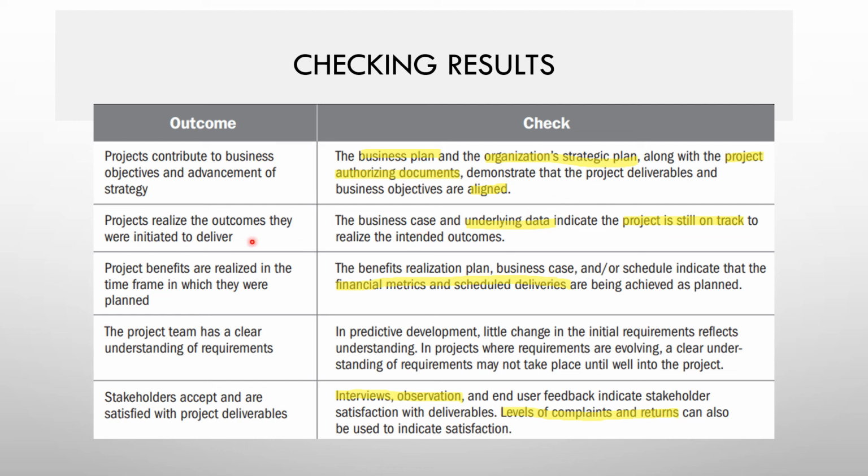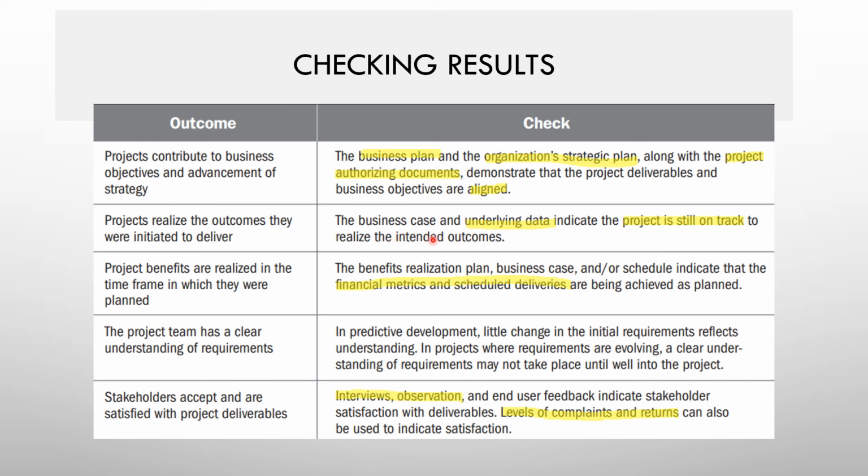How do I check that the project realizes the outcomes it was initiated to deliver? How do you ensure that the project is realizing the outcomes it was initiated to deliver? When the project kickoff happens, what are the outcomes we decided, right? How do I realize that?